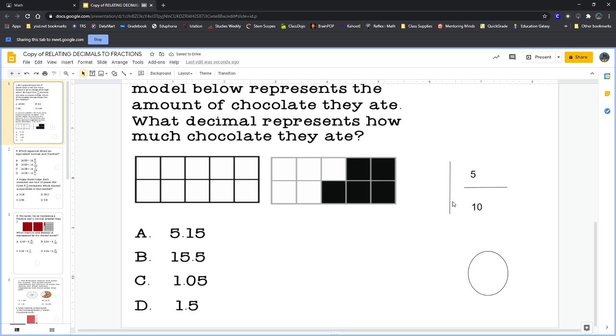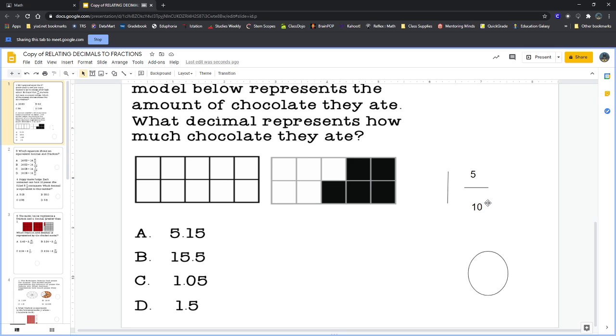Her and her friends ate 1 whole candy bar plus 5 pieces out of 10 pieces of the next candy bar. Now that I have a fraction, I can see that my denominator is 10. That means I'm only going to use the 10th place.